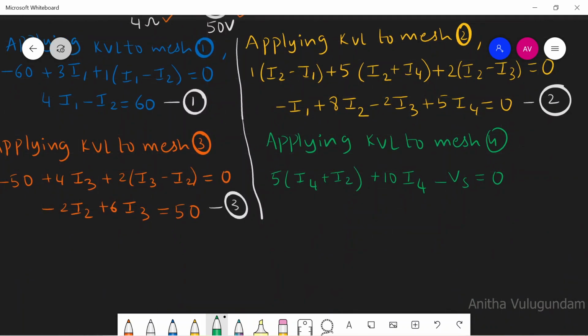This equation can be rewritten as 5I2 plus 15I4 equal to Vs. Let this be equation number 4.